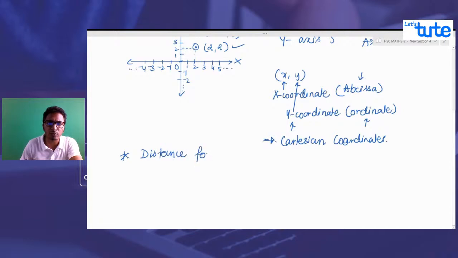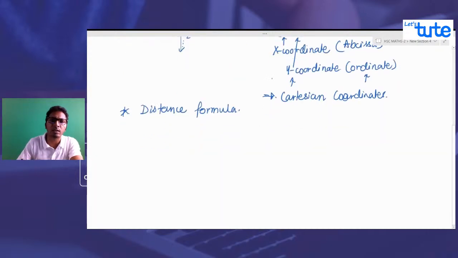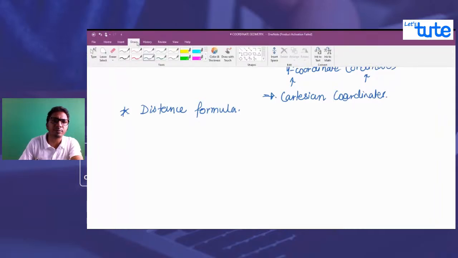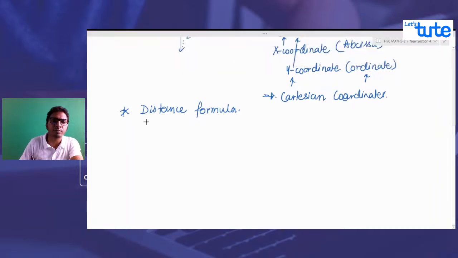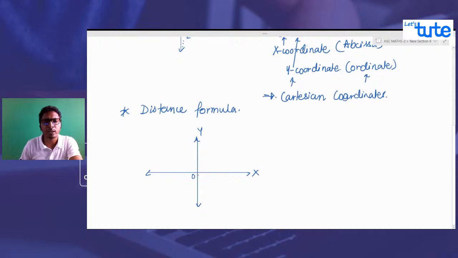Distance formula. Basically, when we have two points on the coordinate system, let me draw this. So this is our x, this is y, and we have the origin over here.